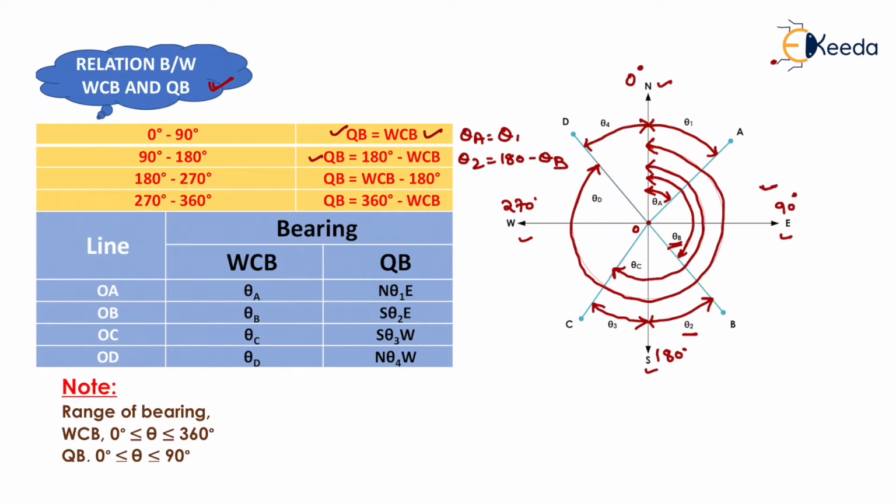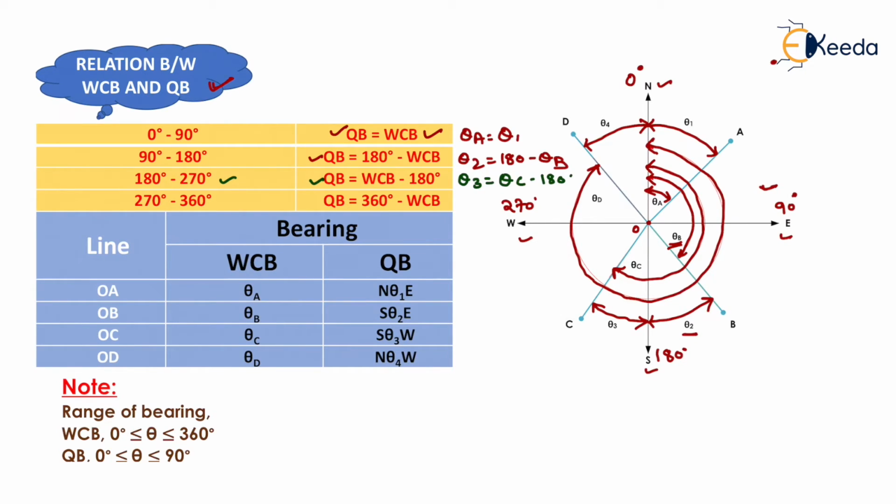Now when the line lies in the third quadrant, that is 180 degree to 270 degree, which is shown here, then quadrantal bearing will be equal to whole circle bearing minus 180 degree. It means that theta 3 will be equal to theta C minus 180 degree.